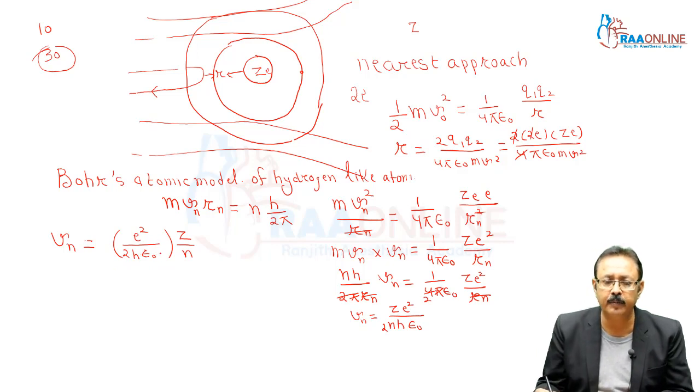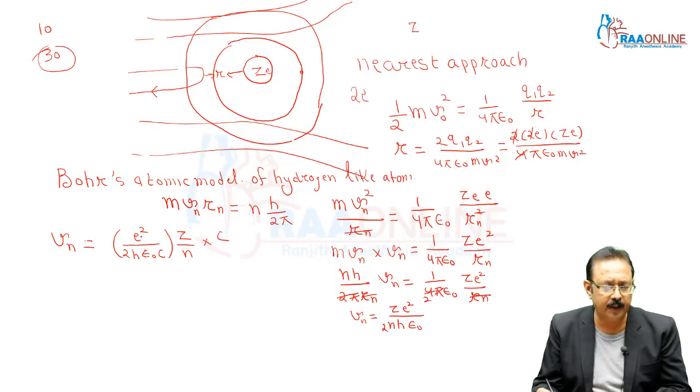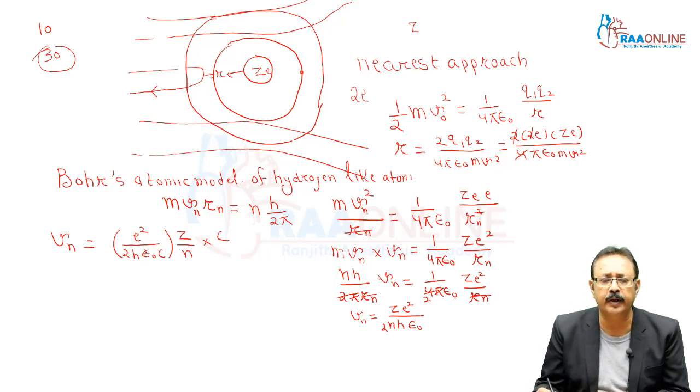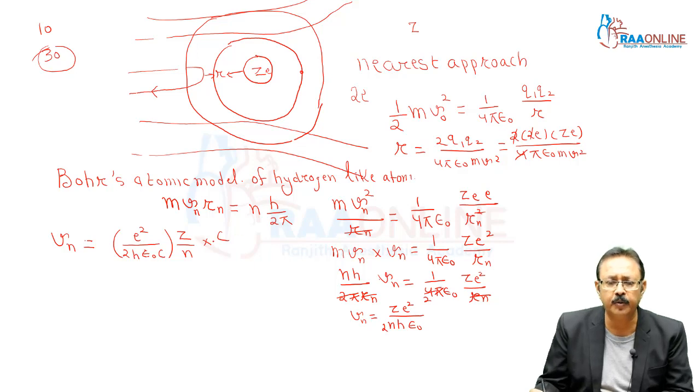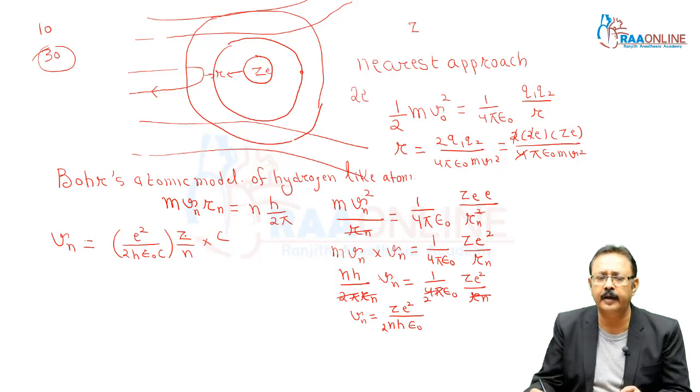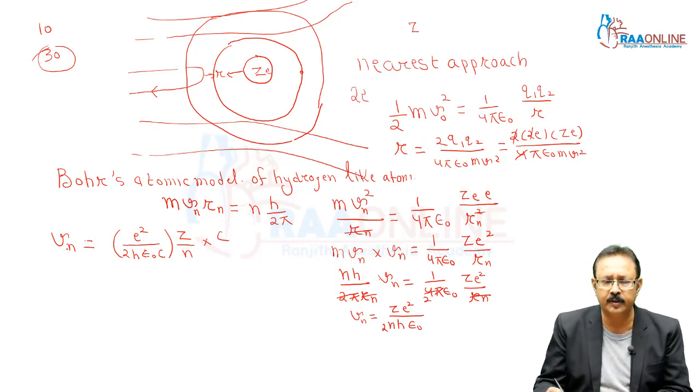Your calculation will become easy if you put c here and c here, meaning E square upon 2h epsilon naught c. Why do I do this? Because it is dimensionally equal to velocity, and the principal quantum number and atomic number are pure numbers, dimensionless.